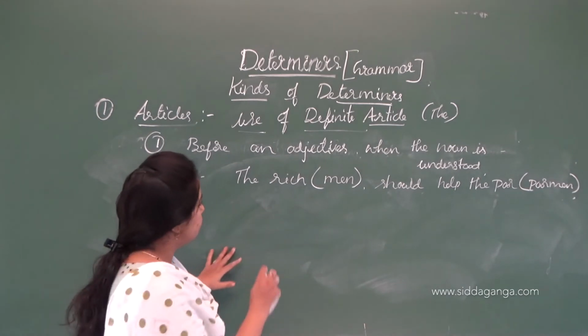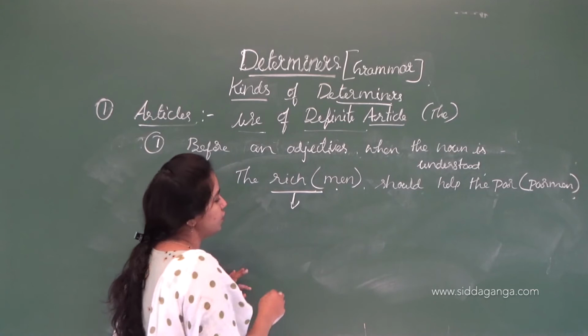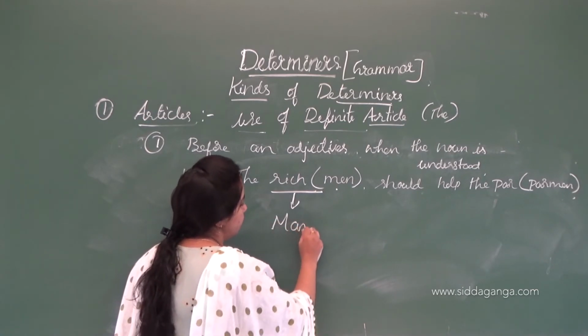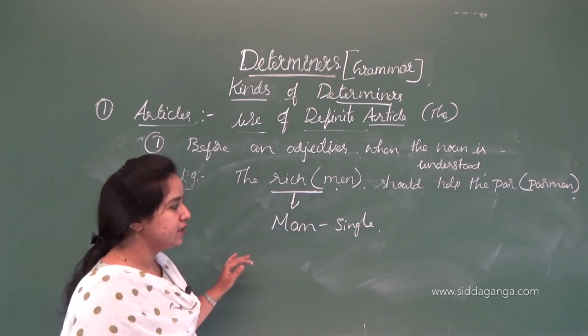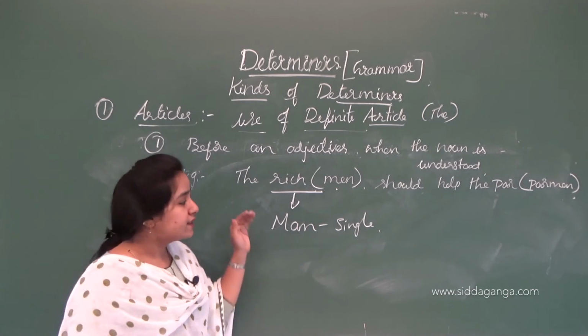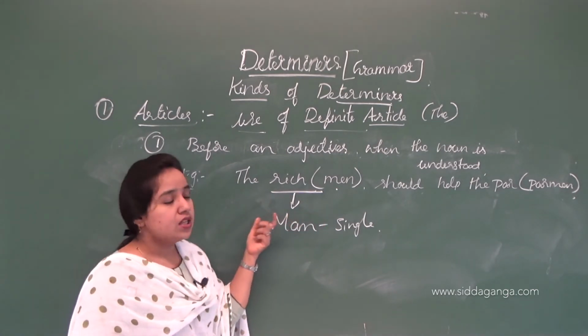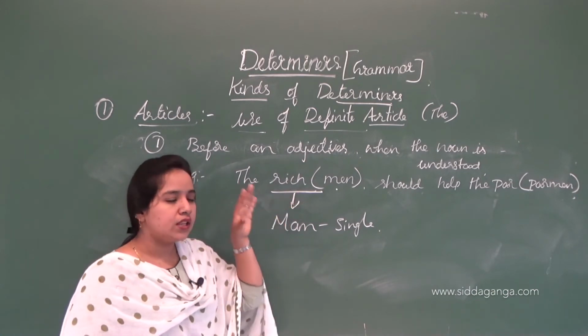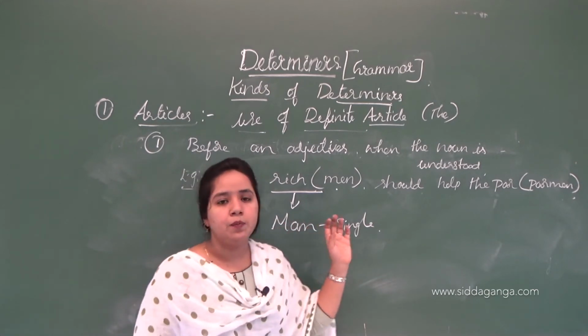So rich says about men. It does not say about only one man, a single man. It says about all people who belong to this category, that is the rich. So they should help the poor.